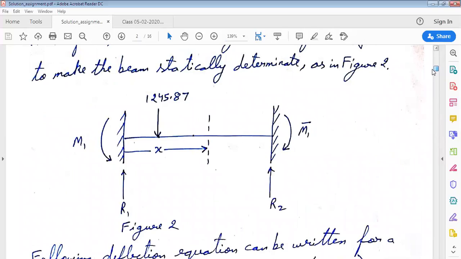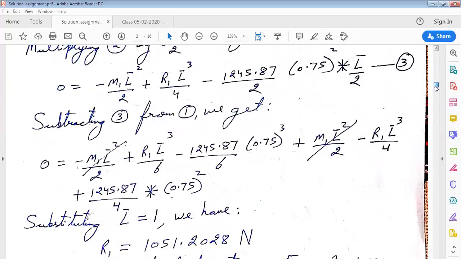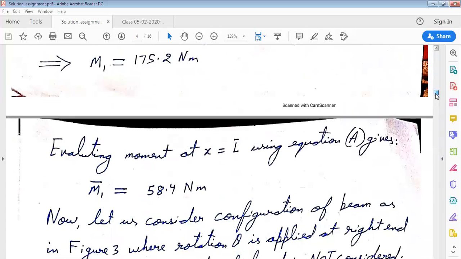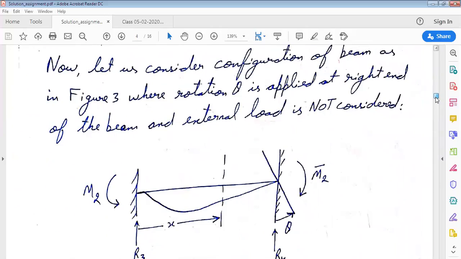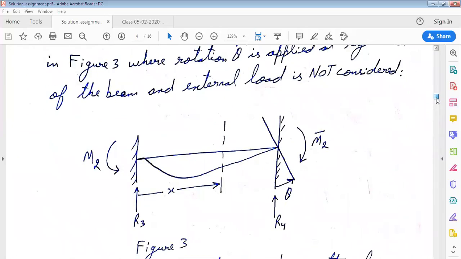Now let us consider another configuration of the beam in which the right end of the beam is experiencing an angular deformation of theta.